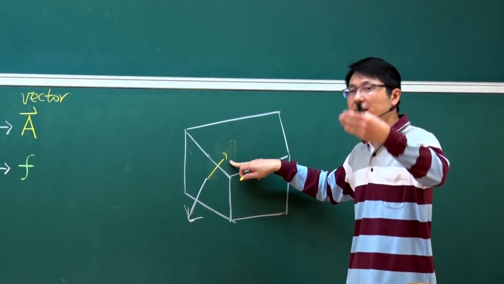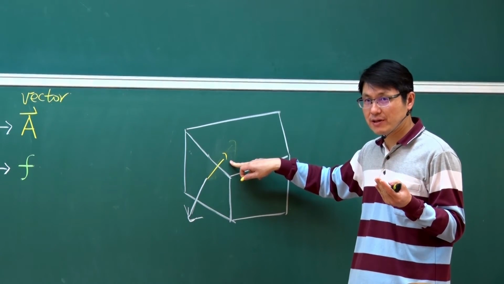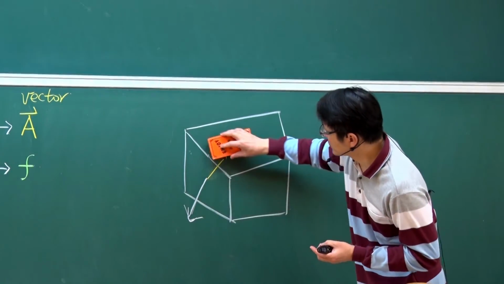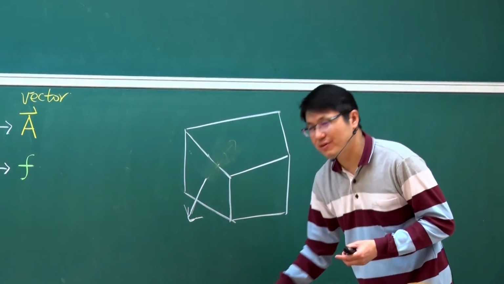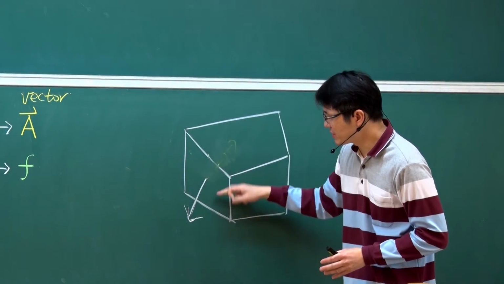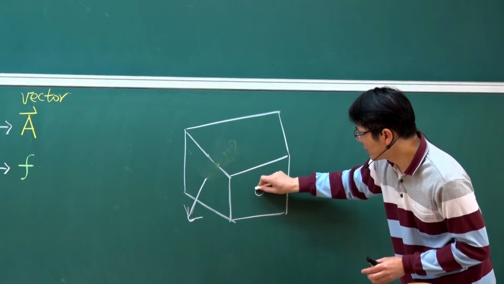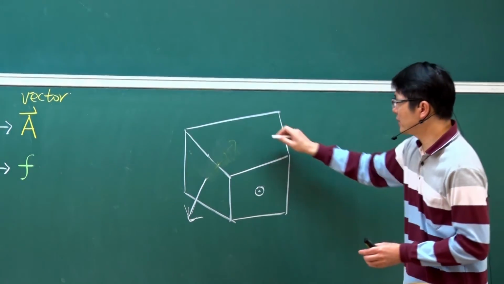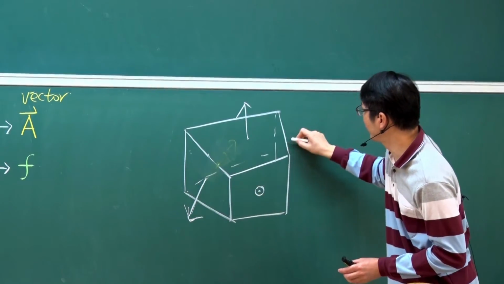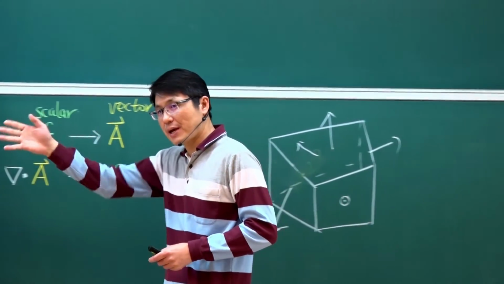I mentioned repeatedly, surface is itself a vector. Okay? So for divergence, we're trying to evaluate the flow going out of the box. So for this surface, we want to use this direction. And for this surface, I want to use the outward. And for this one, going out everywhere, right? So let's come back to the PowerPoint.